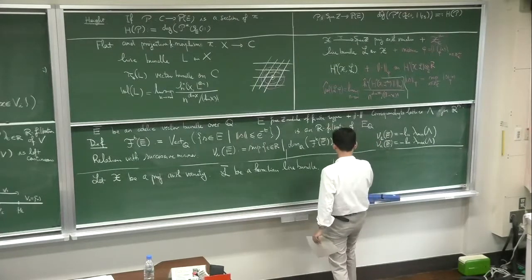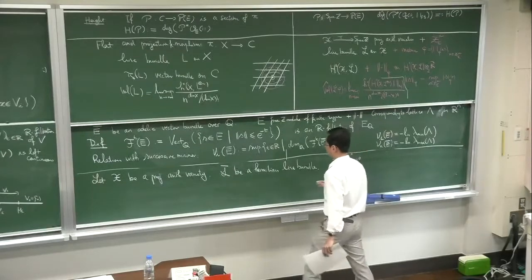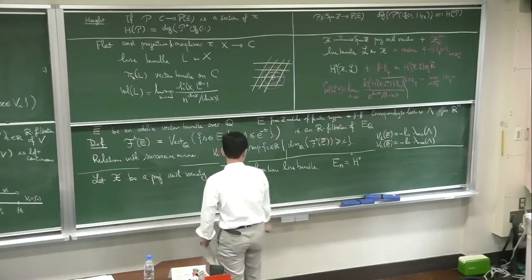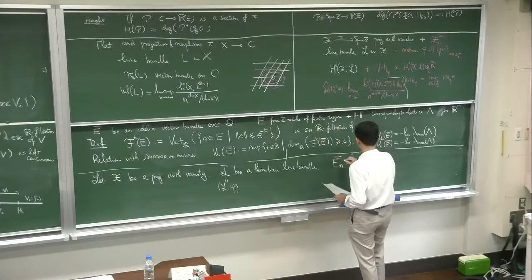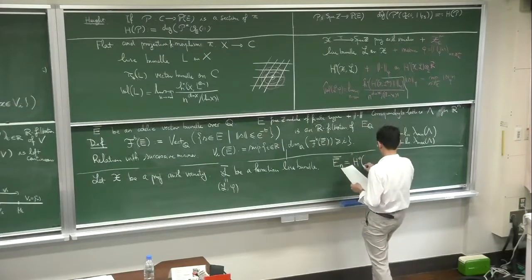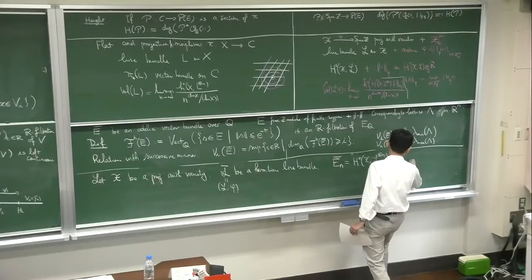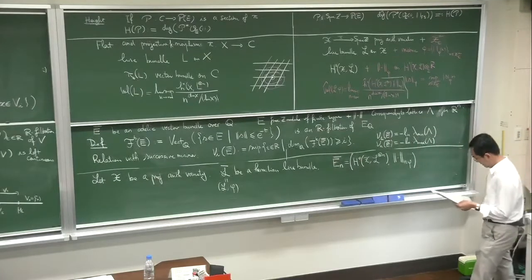I take E_n bar, which is H^0 of X, L to the power n, and then you have some norm, which is a sup norm corresponding to the metric phi.